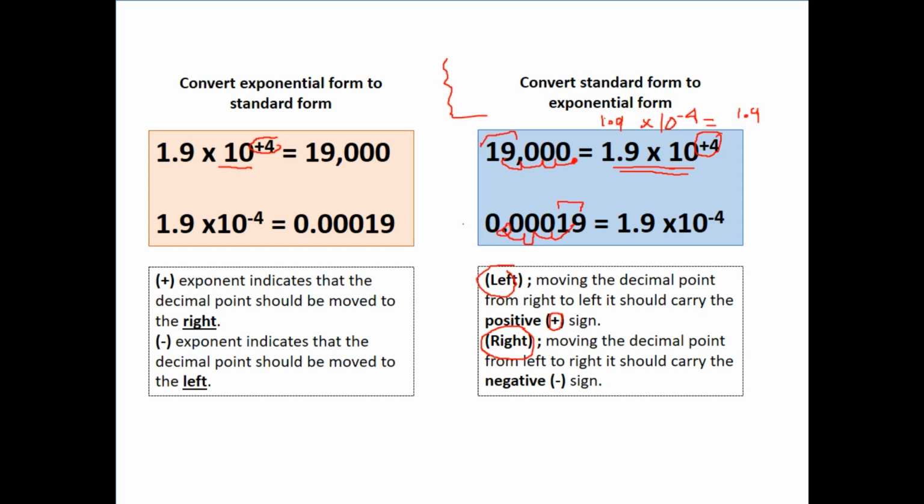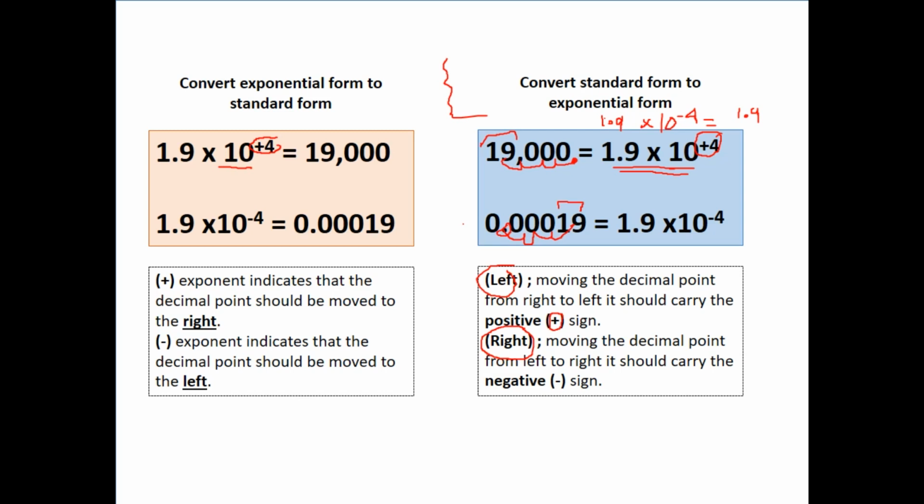So, another important note when converting a standard form to exponential form: if you are moving the decimal point from right to left, it should carry the positive sign. Okay? Again, if you are from the right, going to the left, you will carry a positive sign.